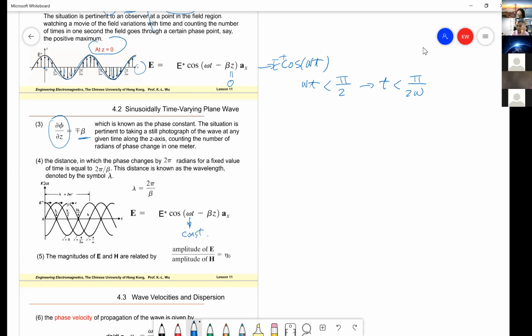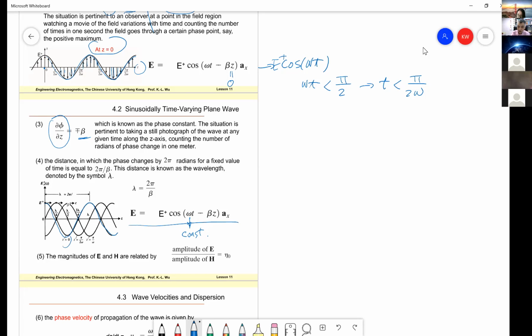Then when we observe how the function changes with z, it is still a sinusoidal function. With different time instants, say time equal to 0, we take a snapshot and we have this curve.